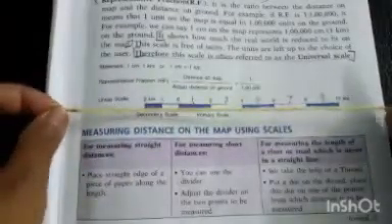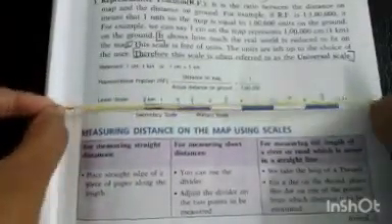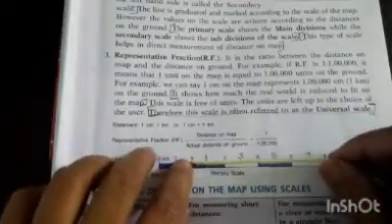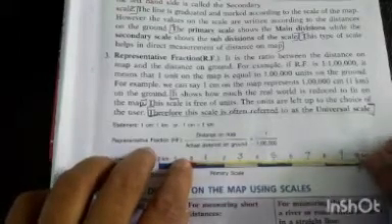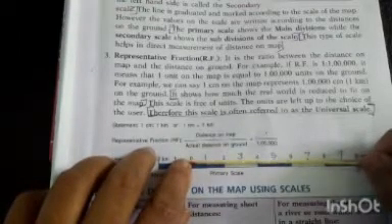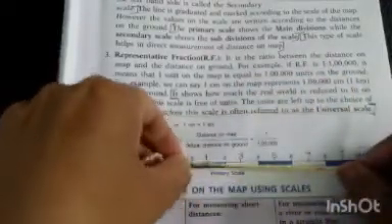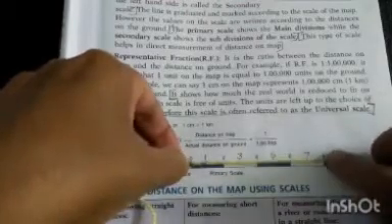Because the scale is smaller than this thread, what you have to do, from this point we will keep it here at 0, till here. This is 10 centimeter. Mark here, then again you have to place it over here.